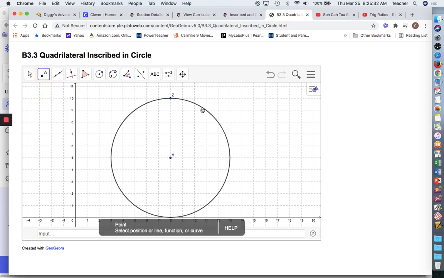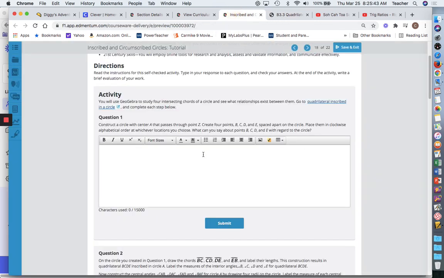So I'm going to go to point B, C, D, and E. Let me just say points B, C, D, and E are on the circle.